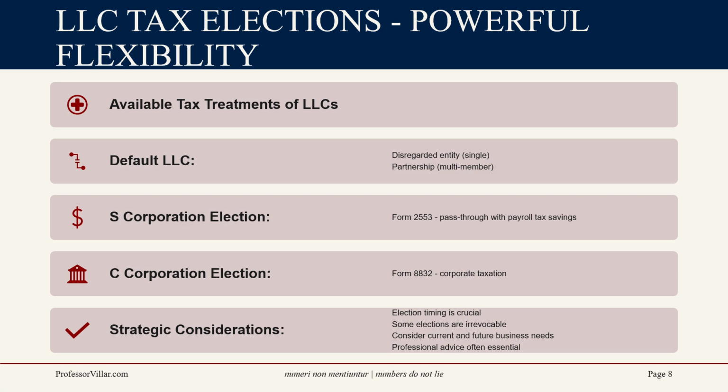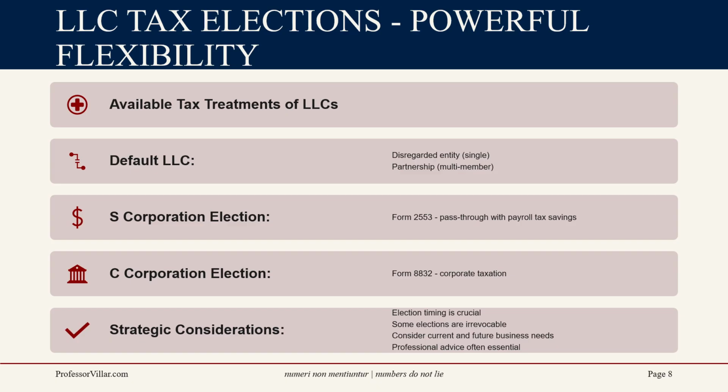The number of LLC members affects both operations and tax treatment. Single-member LLCs have one owner and are treated as disregarded entities for tax purposes, meaning that the LLC is ignored and you report your business income on Schedule C if you're a sole proprietorship, or on the corporate owner's tax return if it's owned by a corporation. You still get the liability protection, which is huge. This is a huge advantage over an actual sole proprietorship.